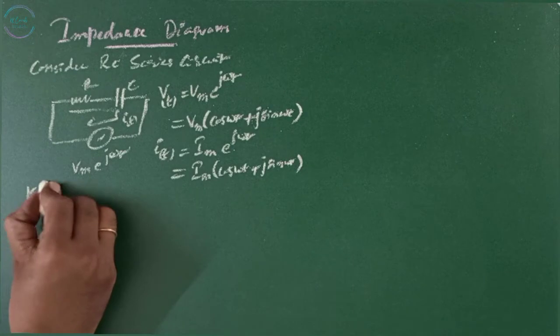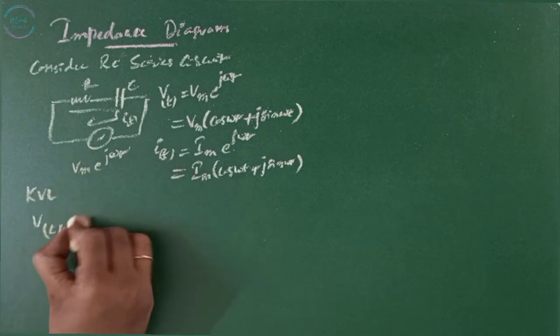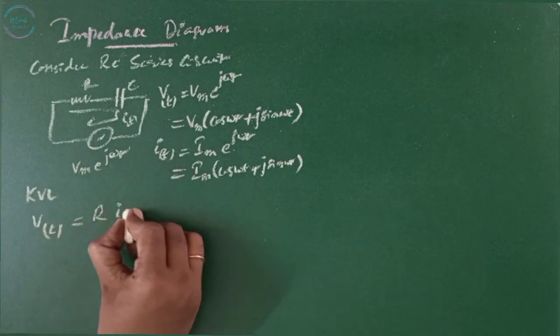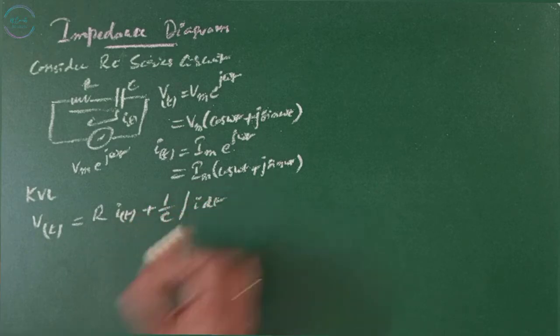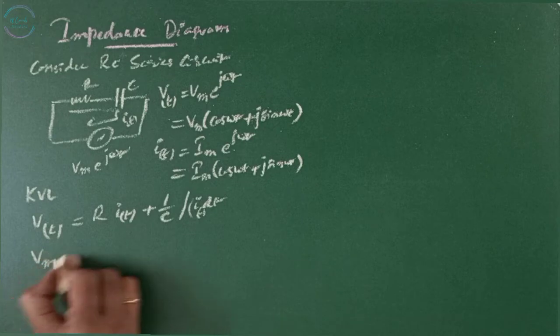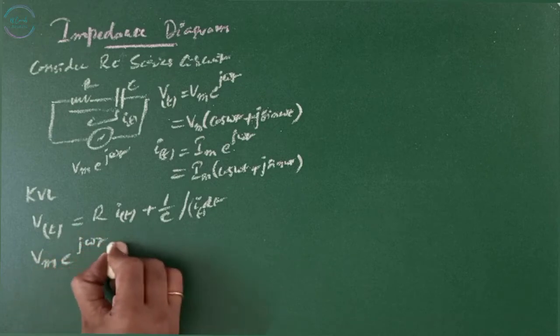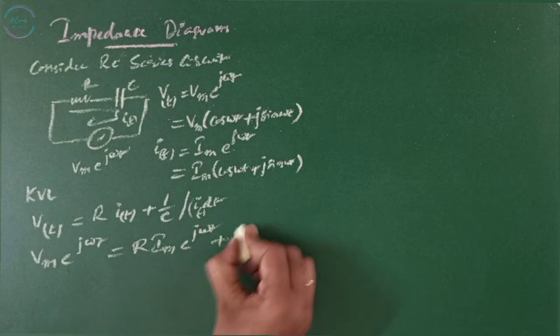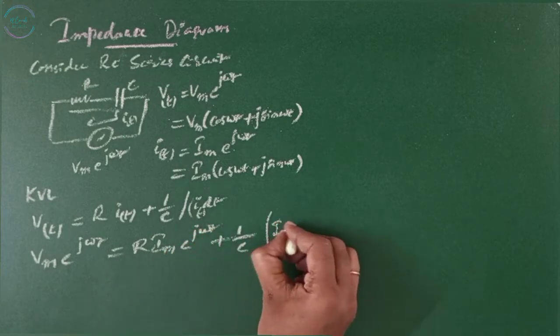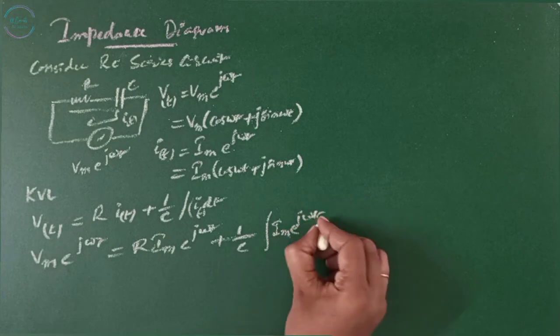Now applying KVL to this, V of t equals R I of t plus 1 by C integral of I of t. Substitute that. Vm e to the power of j omega t equals R Im e to the power of j omega t plus 1 by C integral of Im e to the power of j omega t dt.